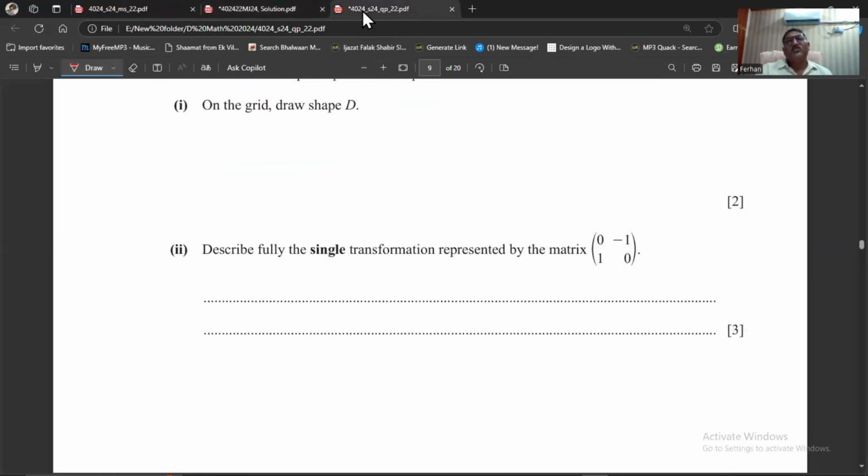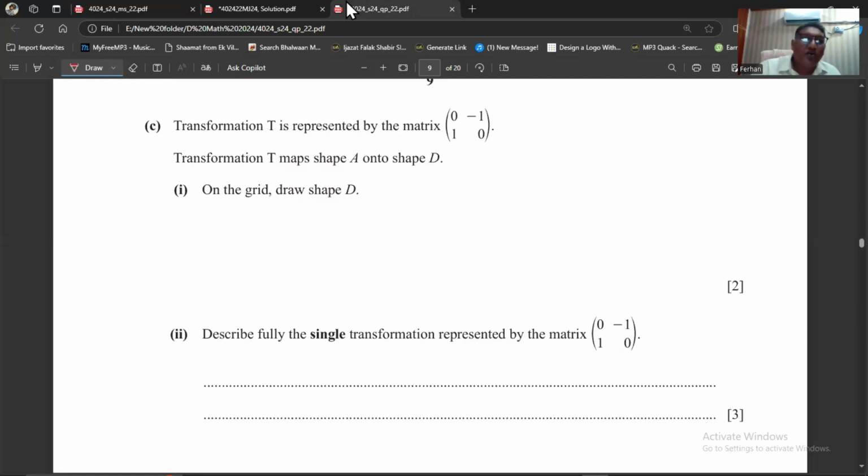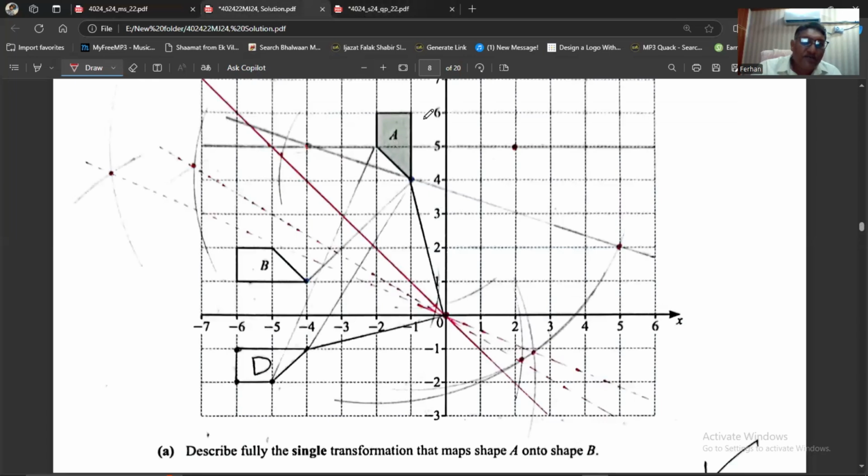Then he says, describe fully the single transformation represented by the matrix 0, -1, 1, 0. Now A has been mapped onto D, and you can see that it has not flipped. The shape has simply moved. It was like this, and it has gone like this.